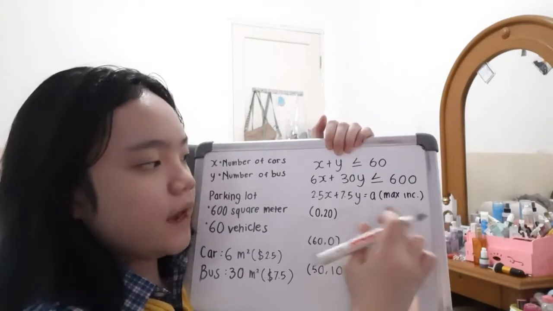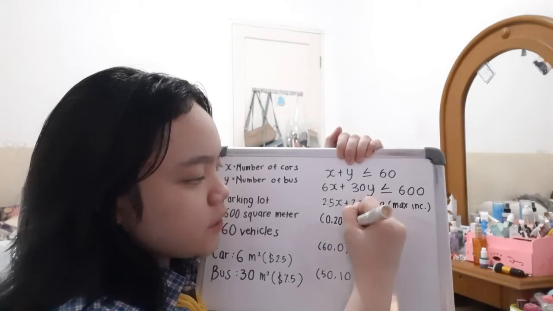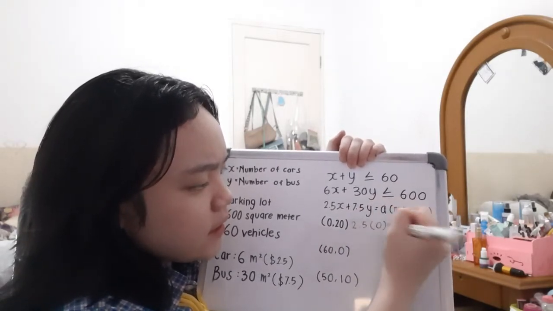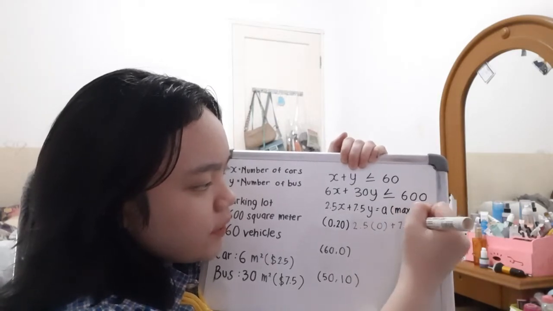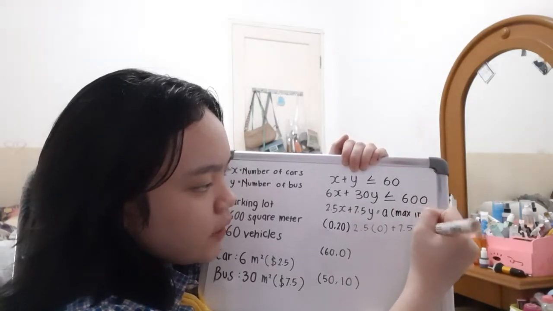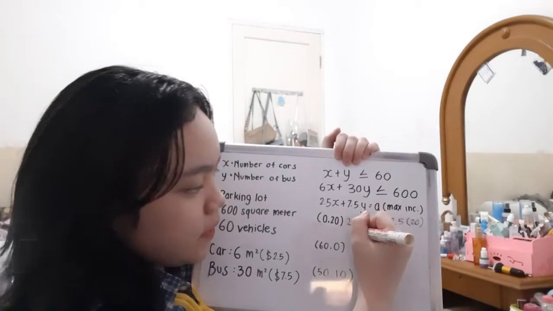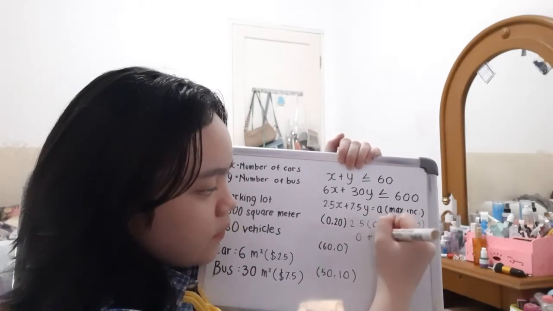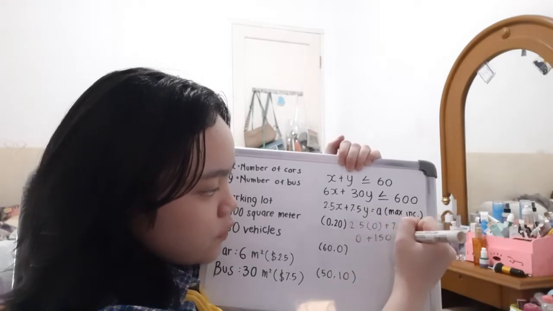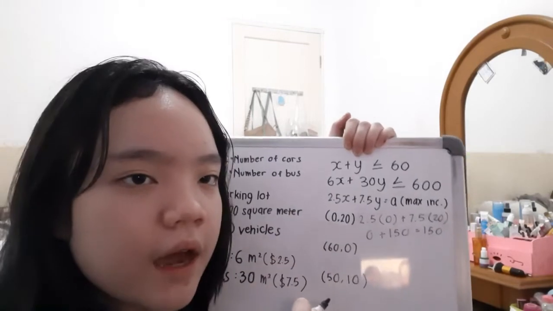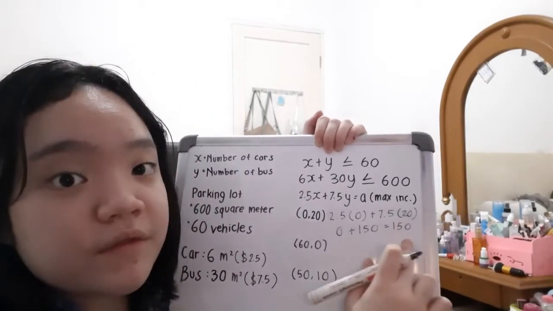So the first one is 2.5 times 0 for x, plus 7.5 times 20. So it will be 0 plus 150, which equals 150. So for the first point, we will get $150.